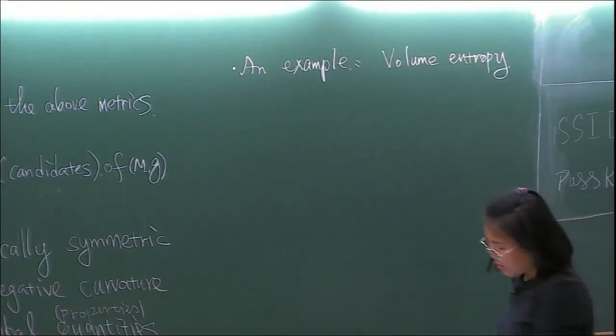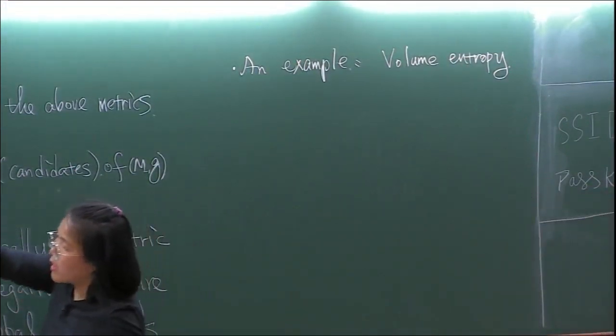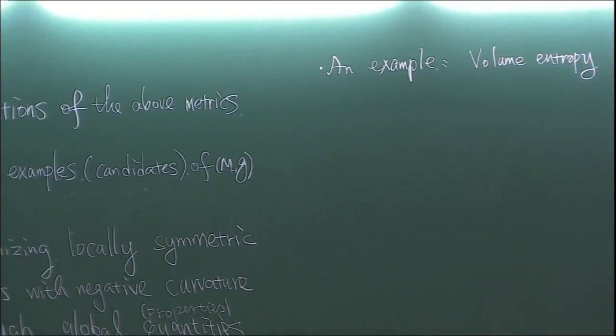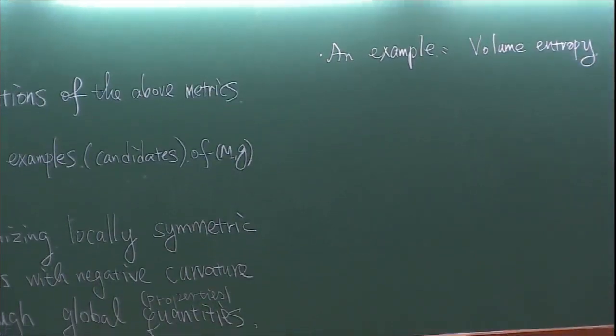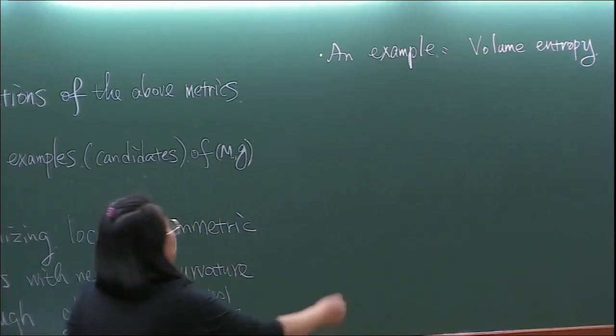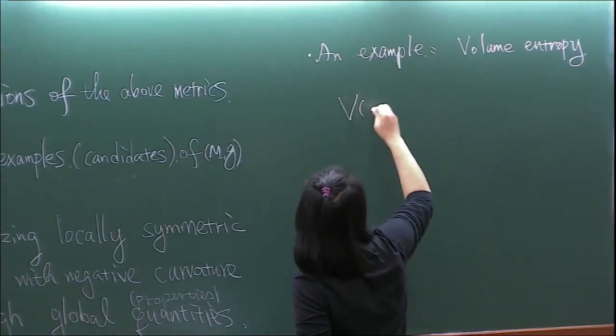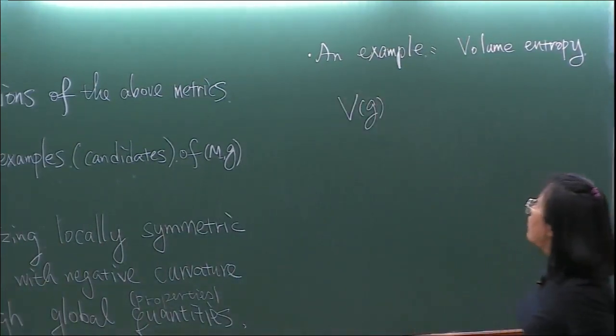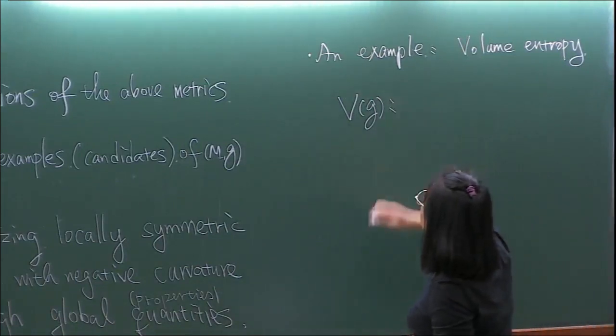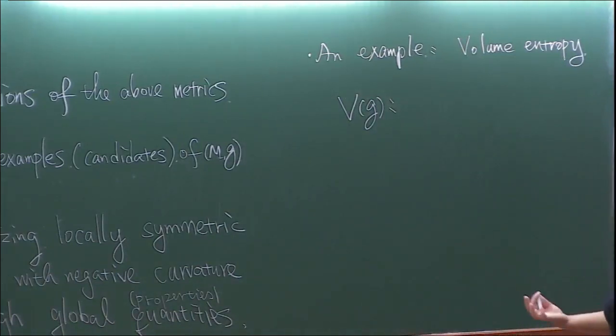Okay, so what is that? You're given an (M, g), then you go to the universal cover of this one, and then you consider this h_g, the volume entropy, which is defined as the exponential rate of the growth of the volume.